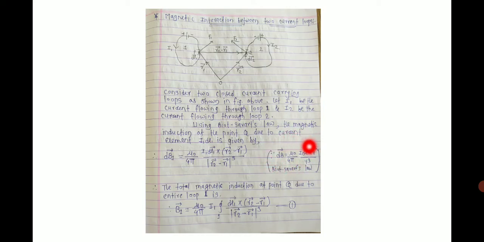the vector form of Biot-Savart's law: dB equals mu naught upon 4 pi, I dl cross R, divided by R squared.